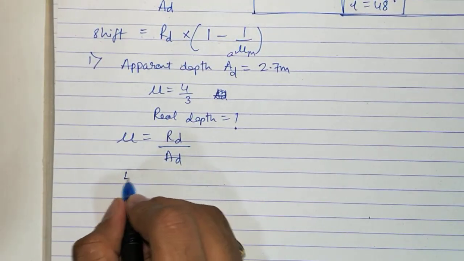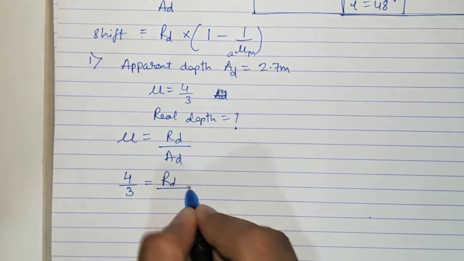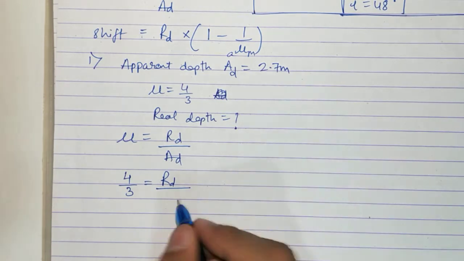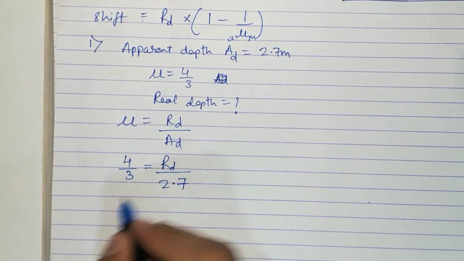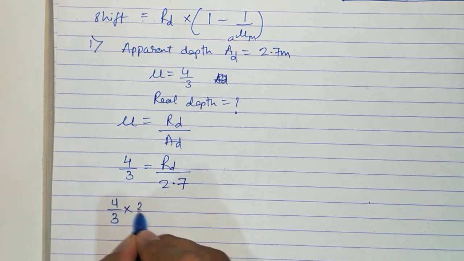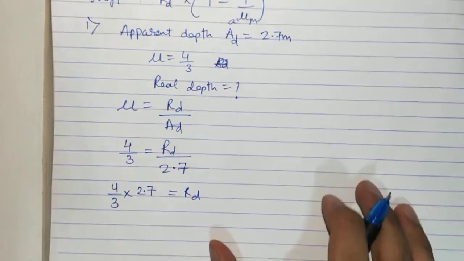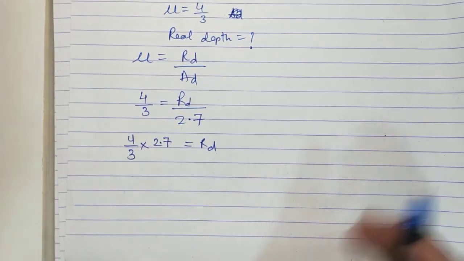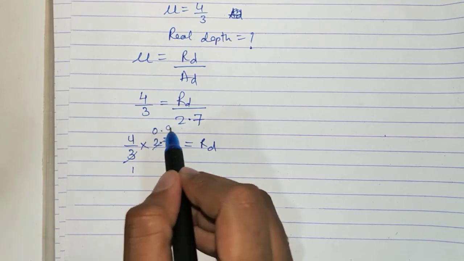So refractive index is given as 4 upon 3, real depth you don't know, and apparent depth is 2.7 meters. Now this 2.7 will go here and get multiplied. So 4 upon 3 into 2.7 equals real depth. Now when you cancel this, you will get 3 ones are 3, 0.9.